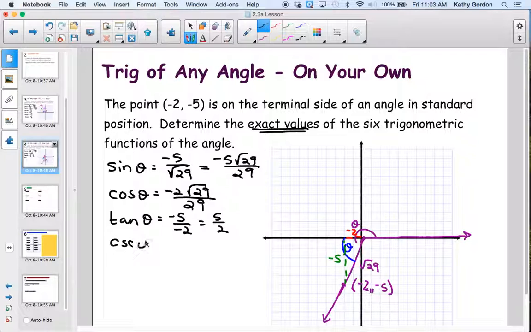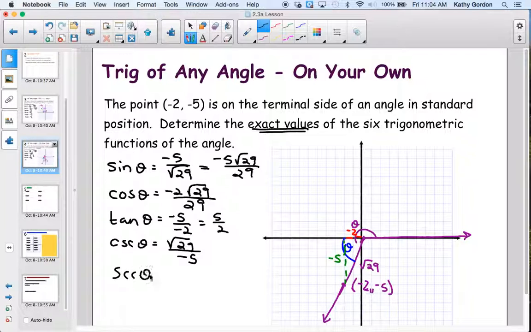cosecant of theta. Taylor? The square root of 29 is -5. Okay, can we leave it that way? Yep, don't have to change that one.